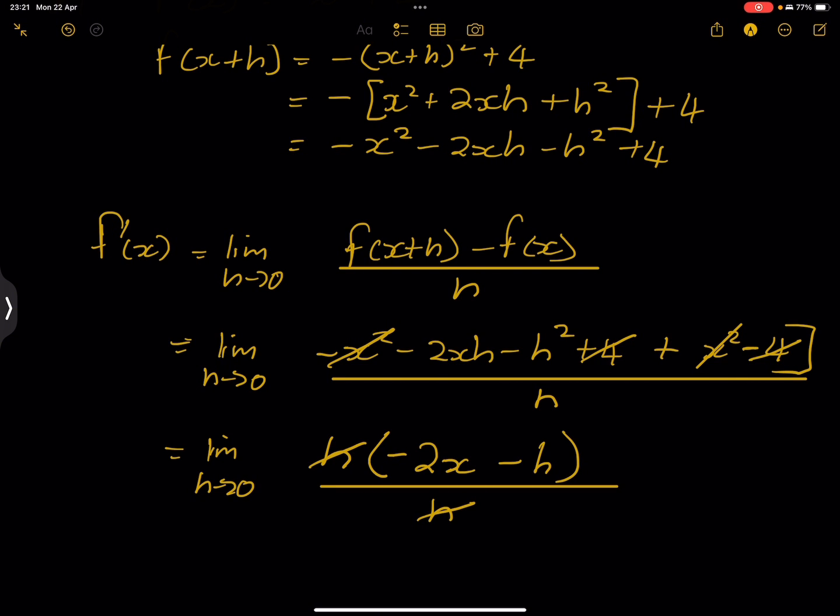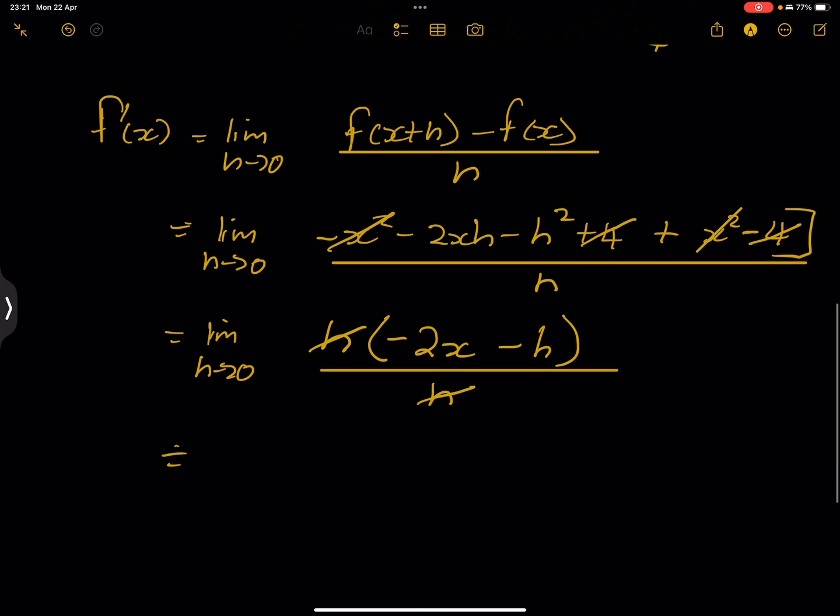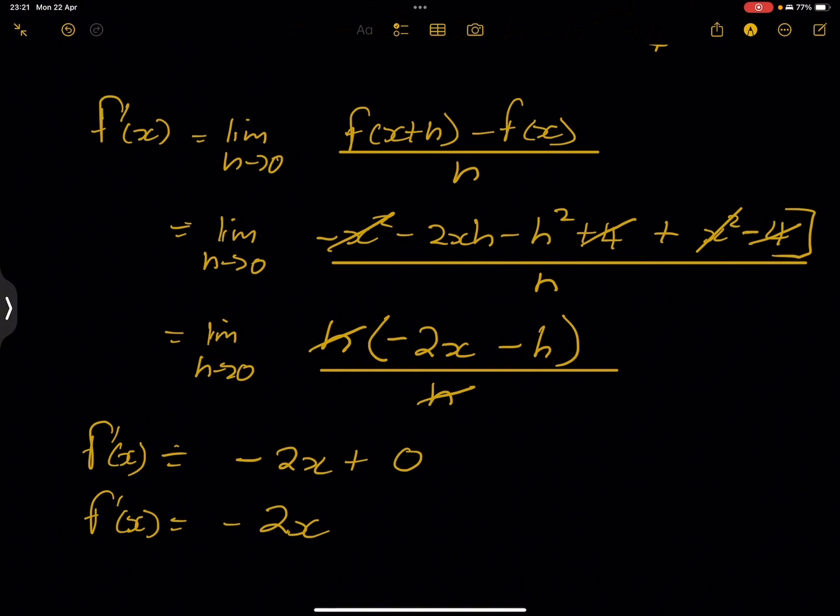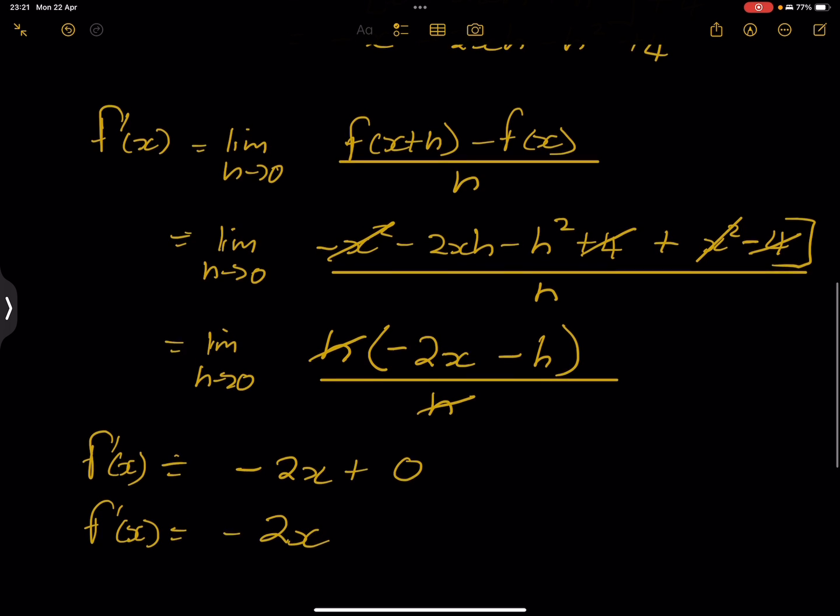So that and that cancel. So in this case, I'm now going to put h as 0, which leaves minus 2x plus 0, and that means f prime x will actually be equal to negative 2x. Okay, right, so that makes sense.